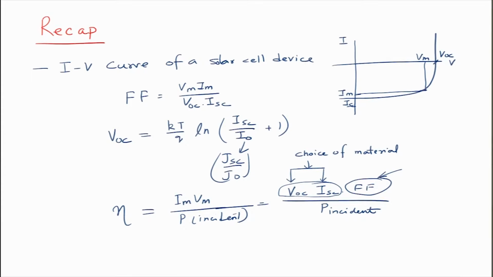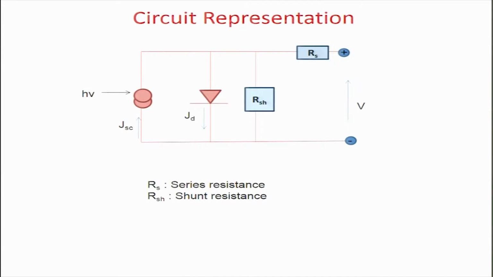Now, what leads to maximization of these parameters in these devices? Let us see that. Solar cells are often represented by an electrical circuit. An ideal solar cell would be one where there is no parasitic resistance, and it would be drawn something like this.